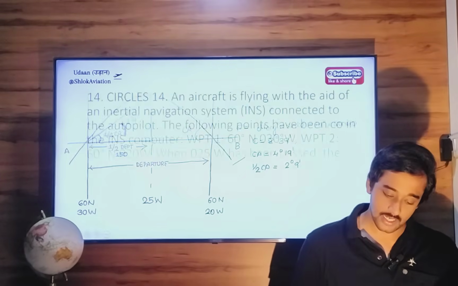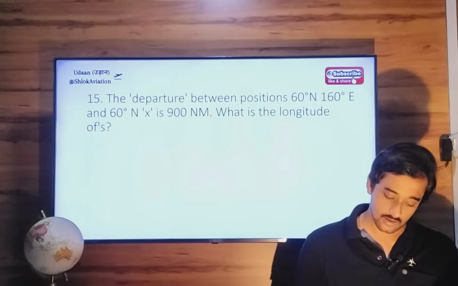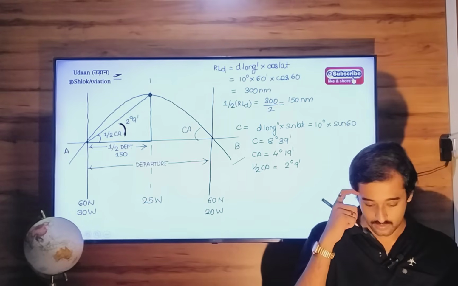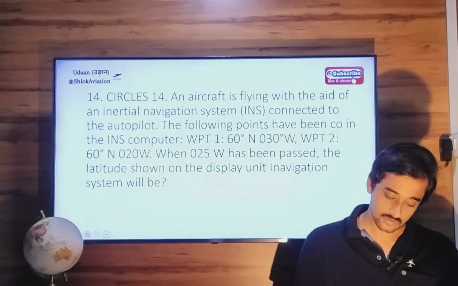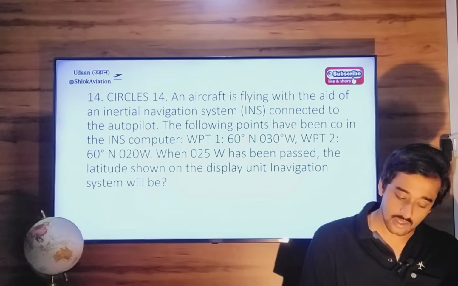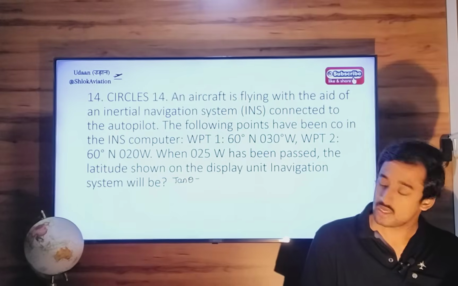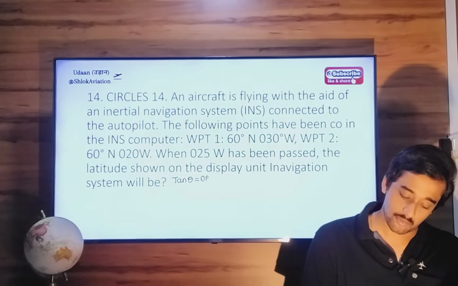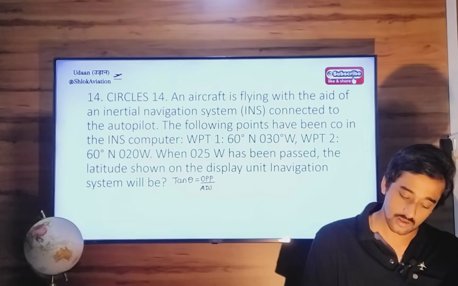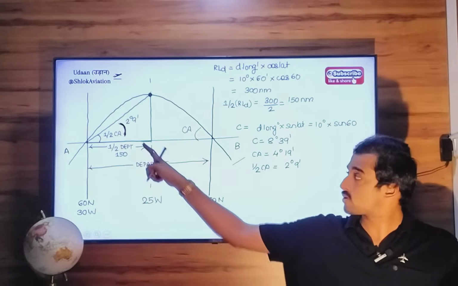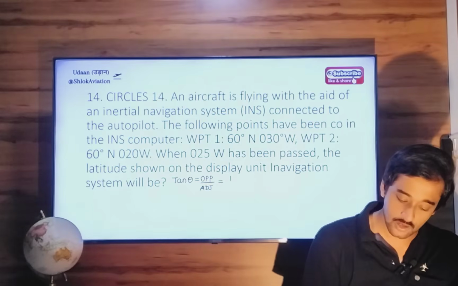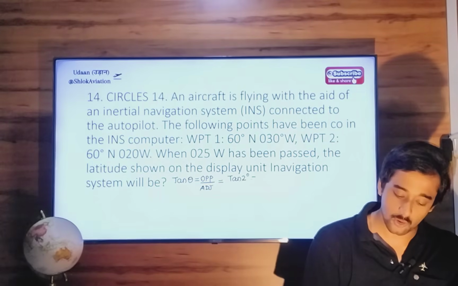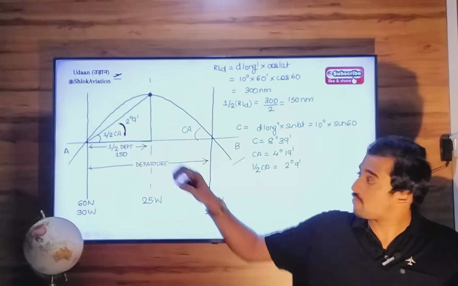Now let's apply trigonometry here. Tan theta is opposite upon adjacent. So tan of 2 degrees 9 minutes, approximately 2 degrees. Okay, so tan of 2 degrees will be the opposite side, which is this opposite side.